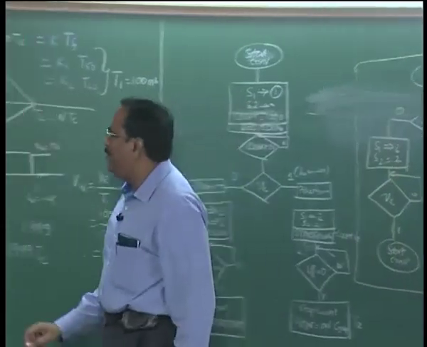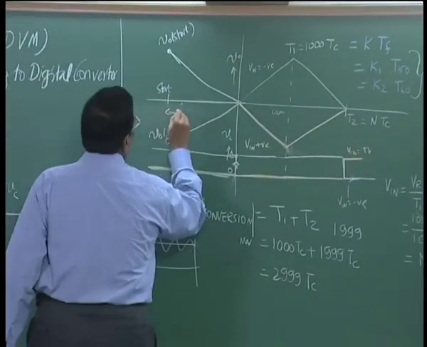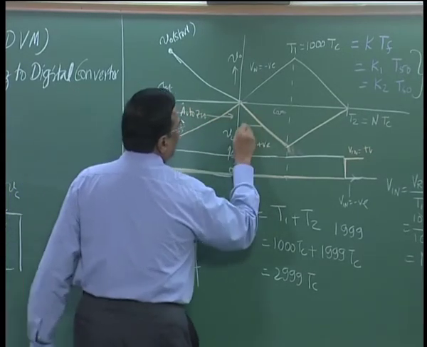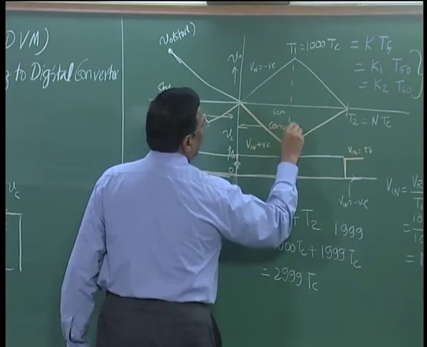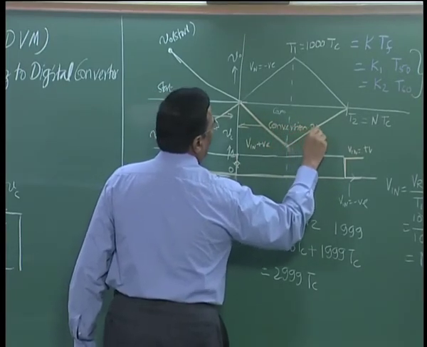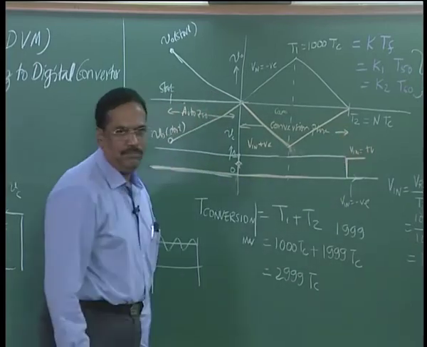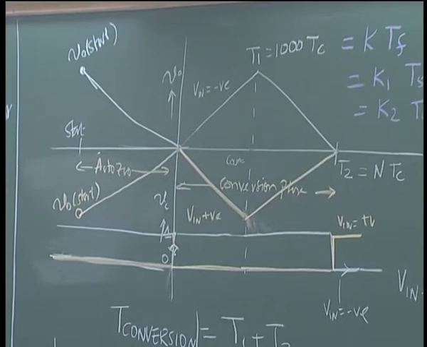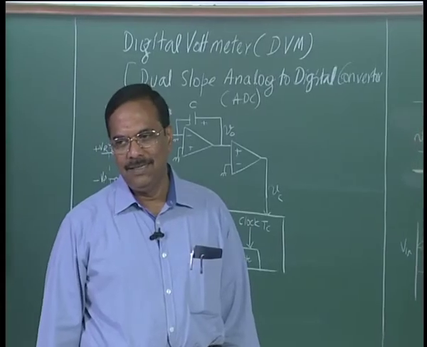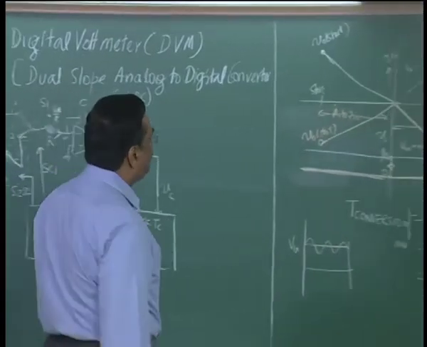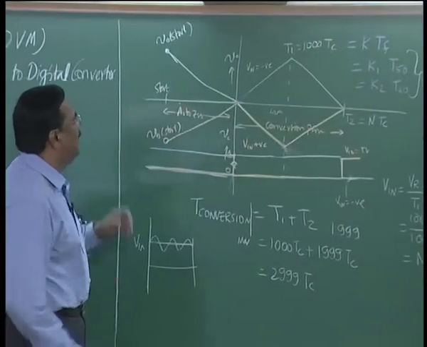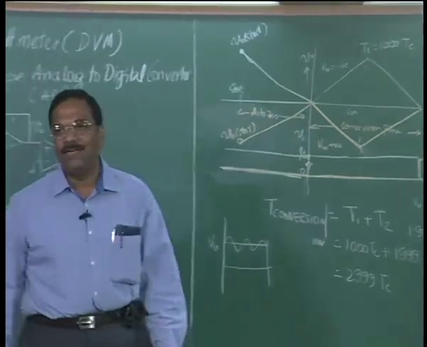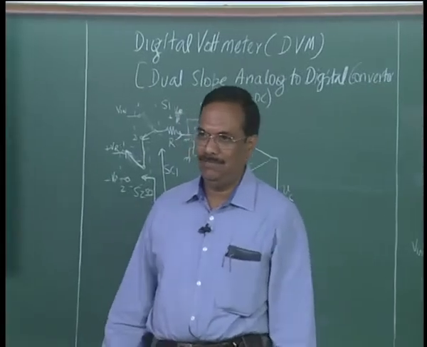This phase is called the auto 0 phase, and this phase is called the conversion phase. So, if you start a dual slope DVM just like that, then we need to go through the auto 0 phase. The auto 0 ensures that the capacitor voltage is 0 at the start of conversion.